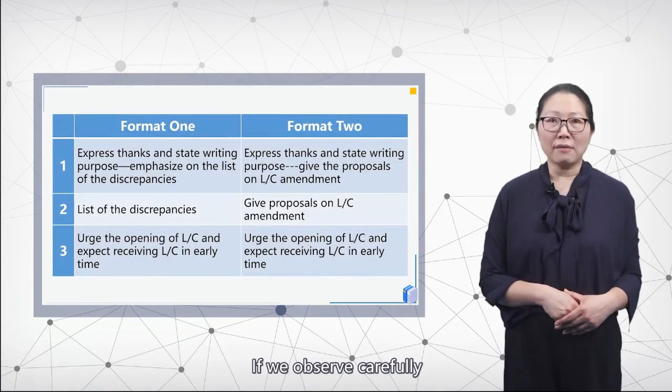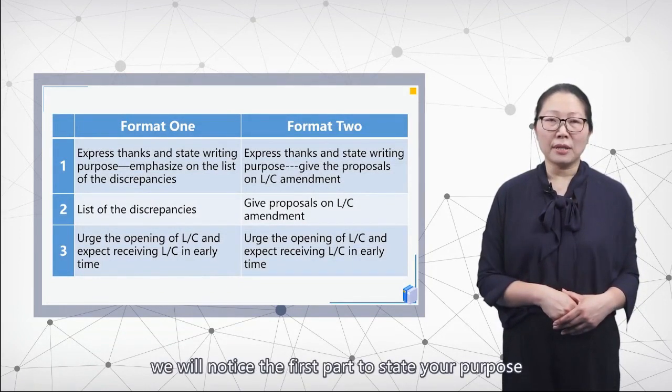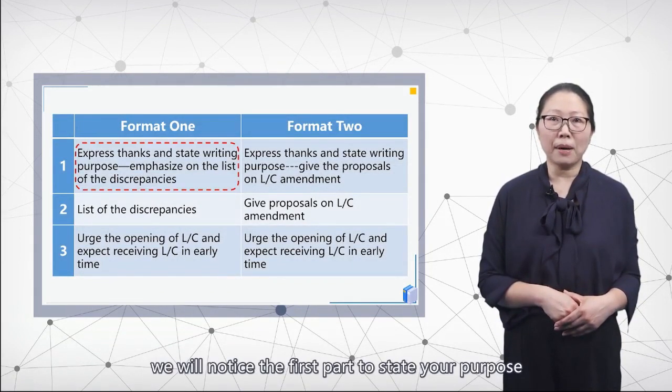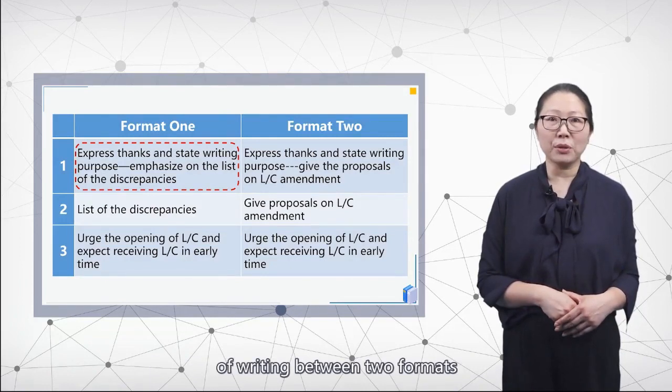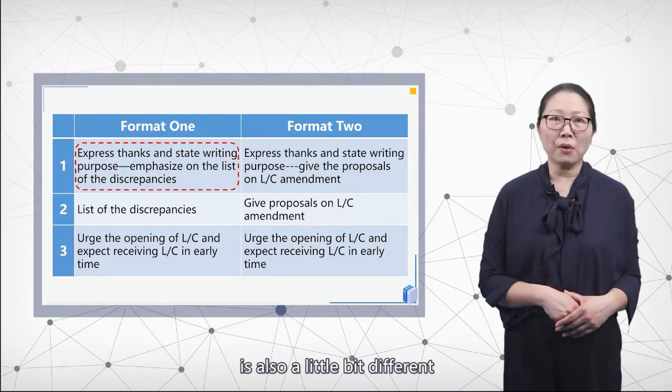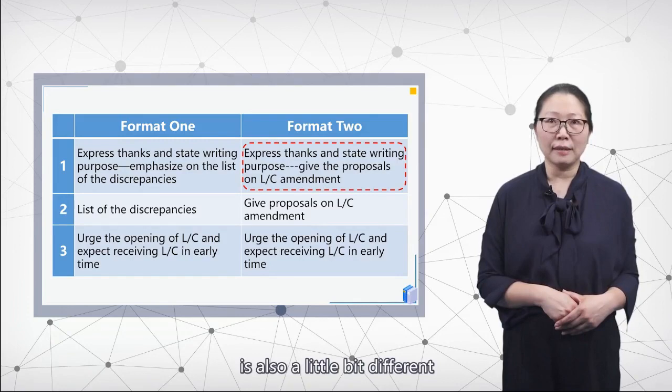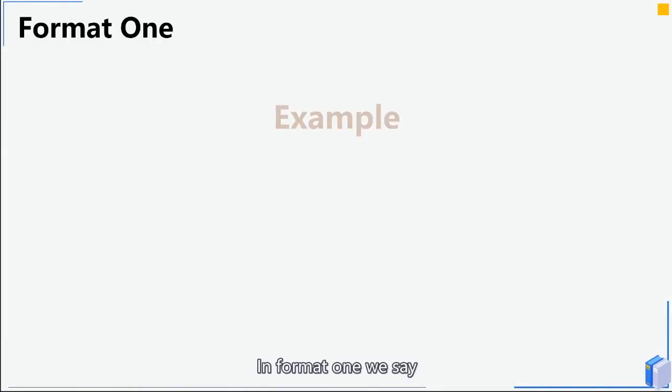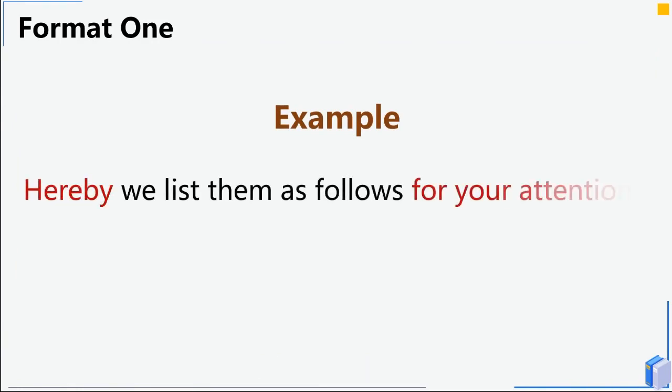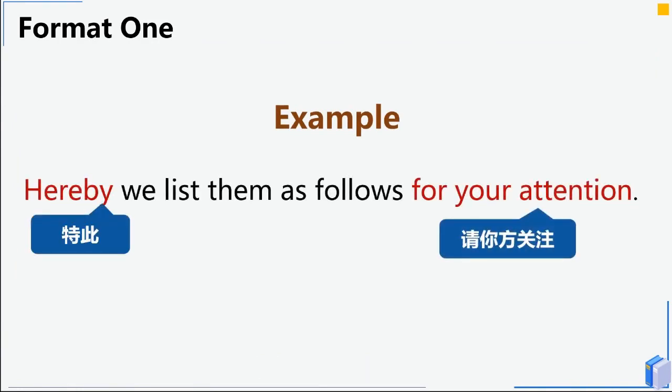If we observe carefully, we will notice the first part, stating your purpose of writing, is also a little bit different between the two formats. Please look at the sample. In format 1, we say, hereby we list them as follows for your attention.